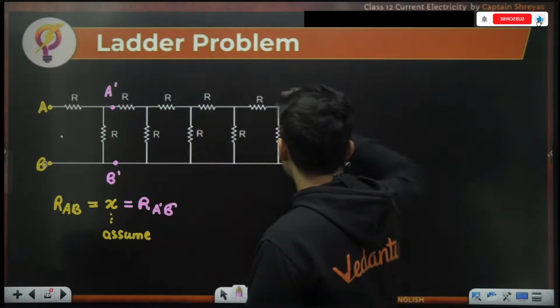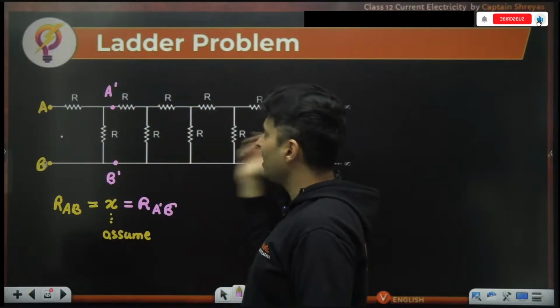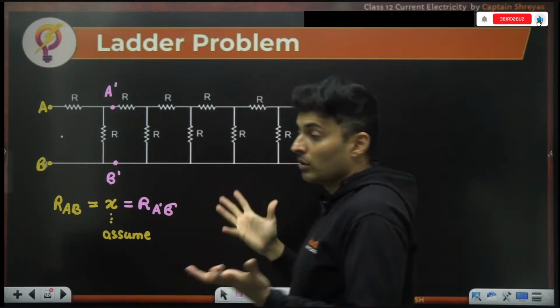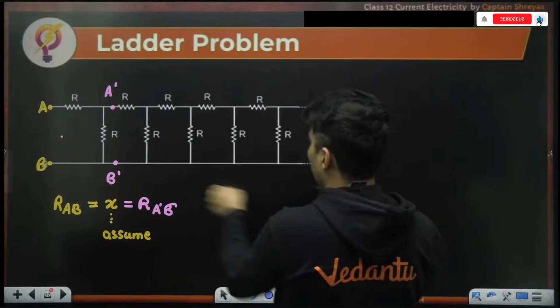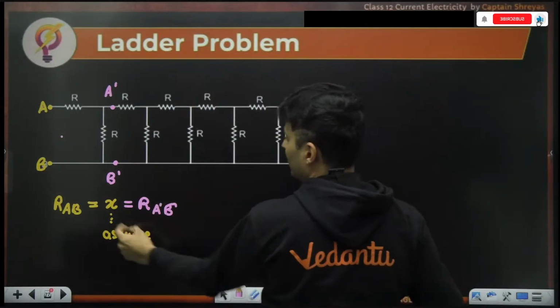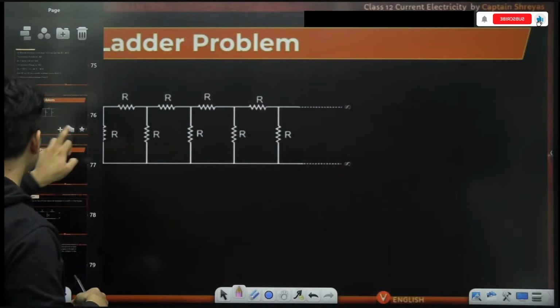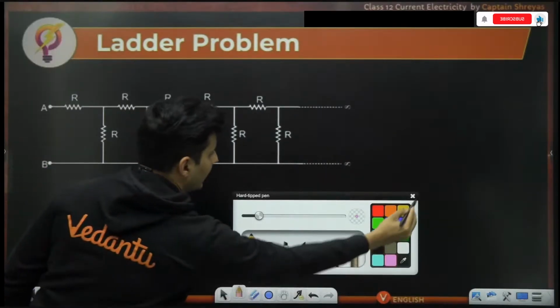So out of this infinite ladder, if I take this out, it is also the same thing as the original figure. That brings me to the point that whatever is there ahead of it has an equivalent of X, which we want to find. So why not forget all the things ahead?